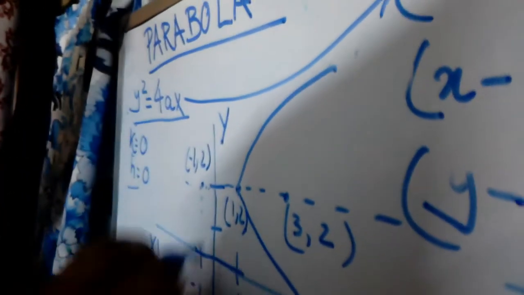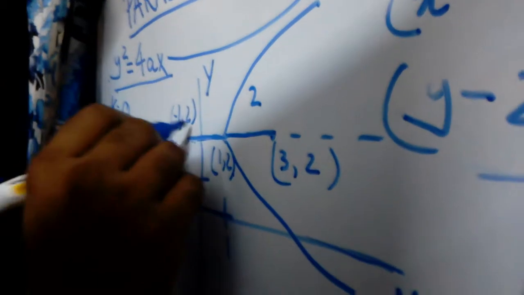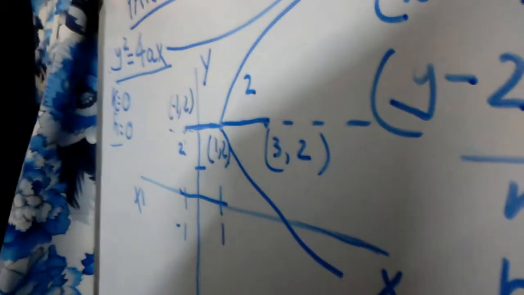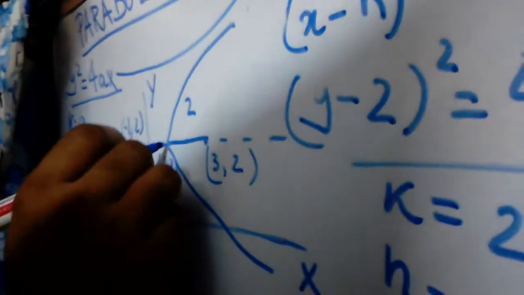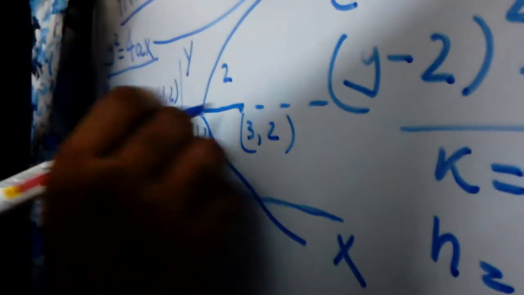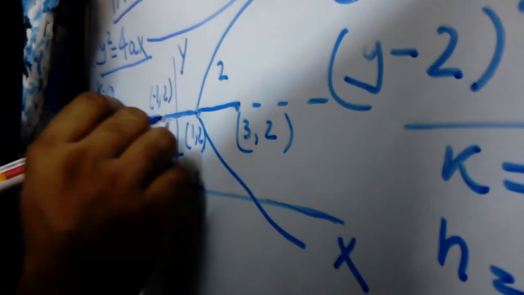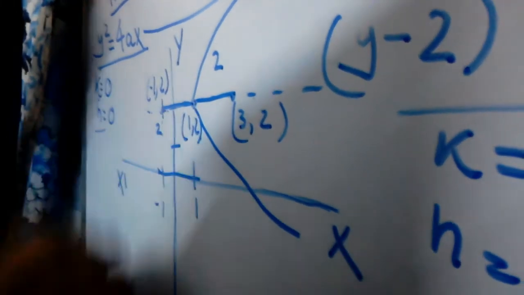Now see one thing, friends. The coordinate of the vertex is 1 and 2. So the distance from this point is 2 units, and the distance from this point is also 2 units. So we can derive from this that the distance from the focal point to the vertex and the distance from the directrix to the vertex are always equal.